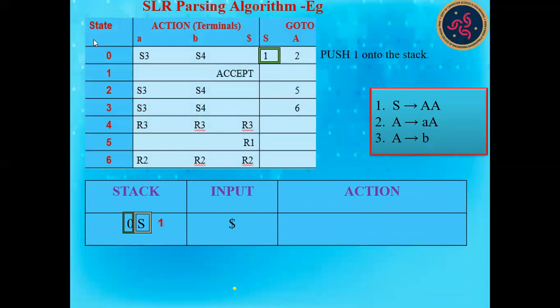Now the stack top is 1 and my input symbol is only the dollar symbol. So what do I have to do? 1 and the dollar symbol. 1 and the dollar symbol means the entry is accept. So now I can take the action, that is accept, that is the string is accepted by the parsing table.